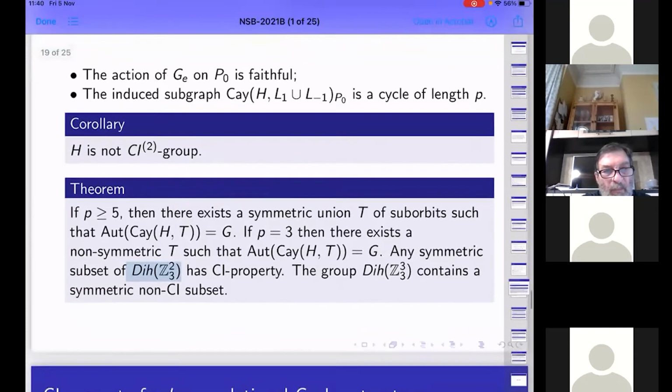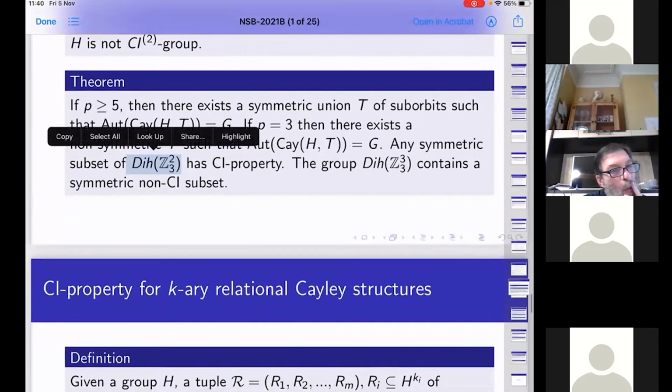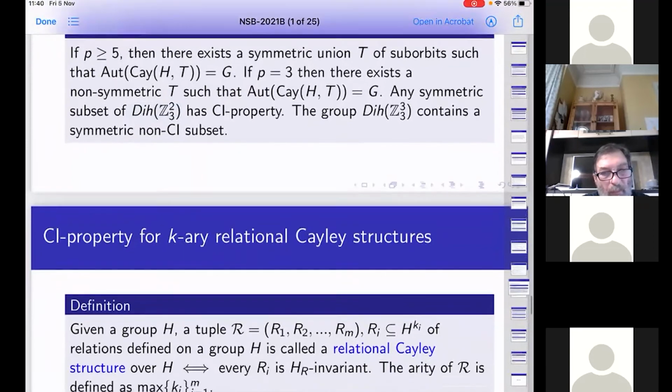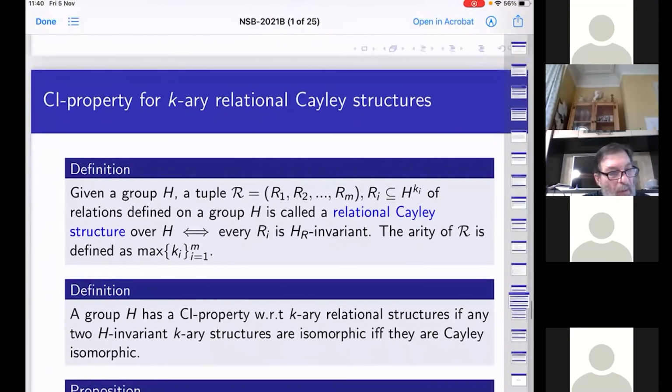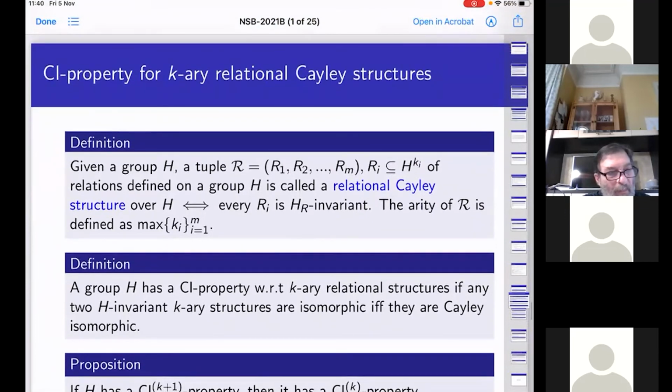Now, that's what we have done. And now the project we are working on now is related to the CI property for K-ary relational structures. So what is a relational Cayley structure?